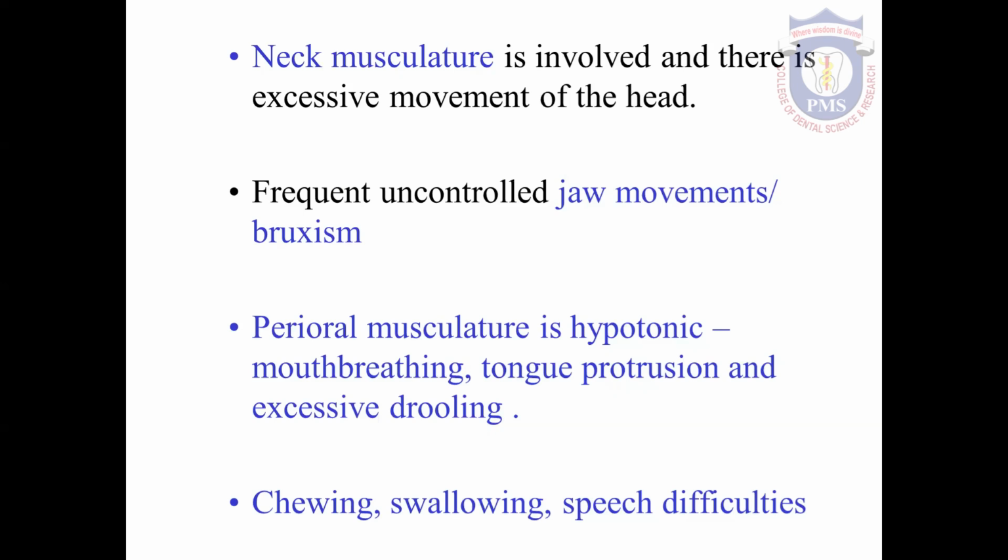Suppose you're giving a local anesthesia, that pain immediately might cause either bruxism, slow writhing type of movement, or sudden jerky movements. Choreoathetotic type of movement also is possible. And along with that, the tongue posture, drooling of the saliva, difficulty in chewing, all those things will be there in these children also.